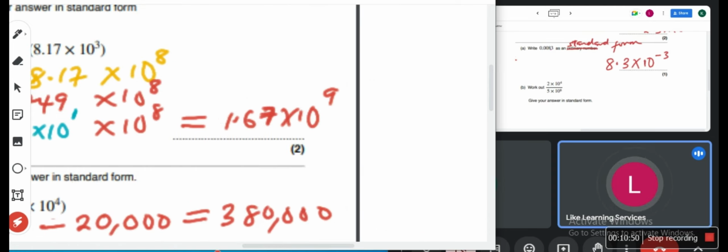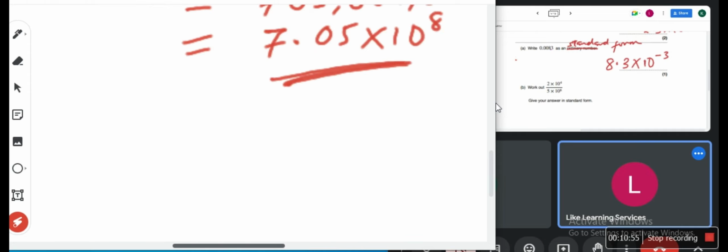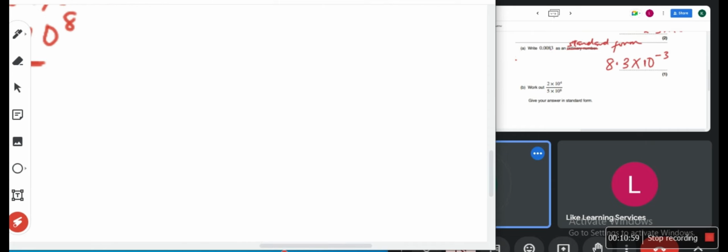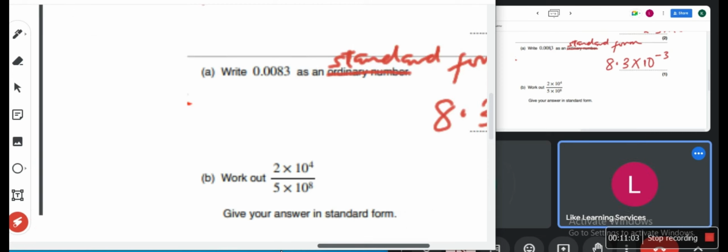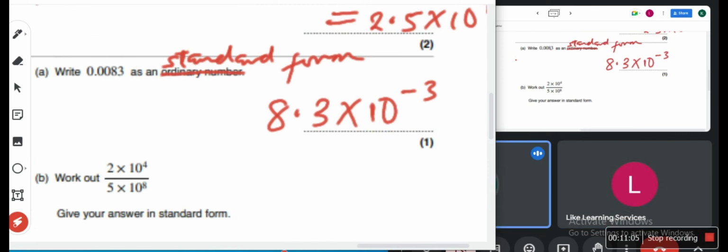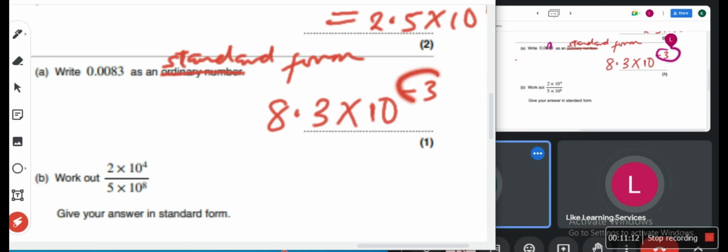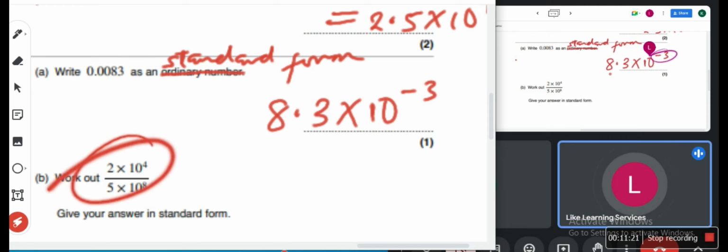Okay, hold on, I need to zoom in. So when you are going to the right, you count and then put minus to the number of counts. 1, 2, 3. It must be after the first number. So minus 3.